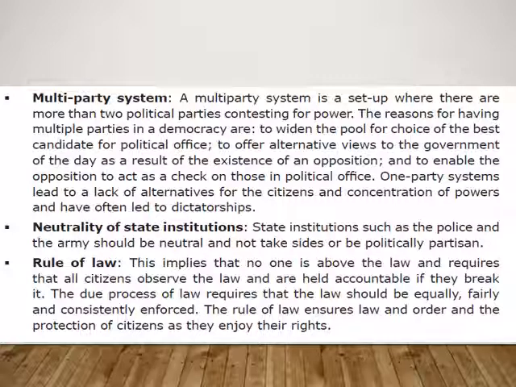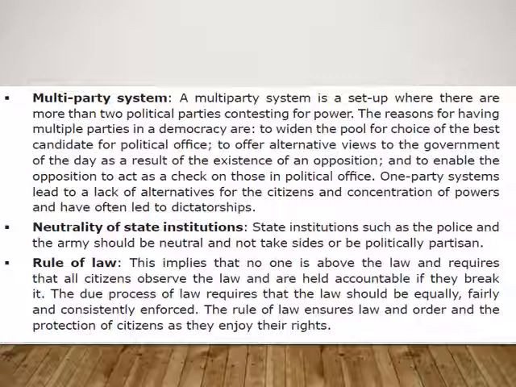This implies that no one is above the law and requires that all citizens observe the law and are held accountable if they break it. The due process of law requires that the law should be equally, fairly, and consistently enforced.